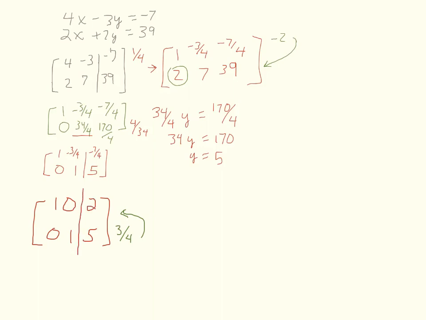And so you notice if you have 1s on the diagonal and 0s off the diagonal, you have what's called an identity matrix, and the solution to your problem can be found in the rightmost column. Okay? So that's the matrix method. Now, this is relatively simple because I have 2 equations and 2 unknowns.